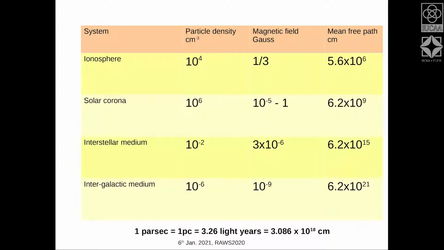And going to the intergalactic medium, if you go all the way outside the Milky Way and look at the space between two galaxies, the densities there are very low, the magnetic fields are very low, and the mean free path is extremely large. So these basic parameters define how the physical system evolves.